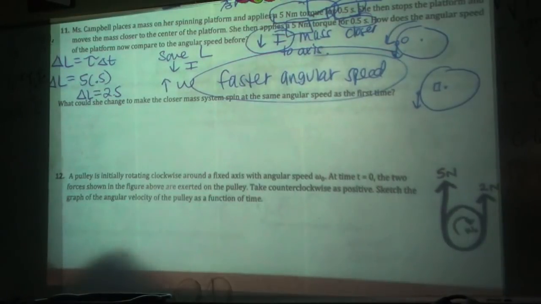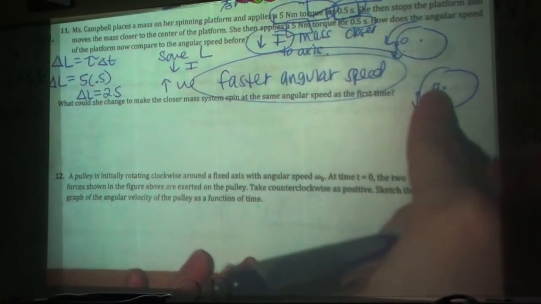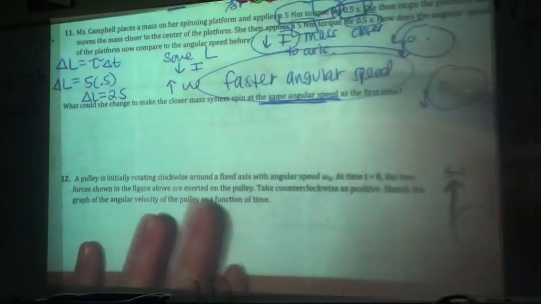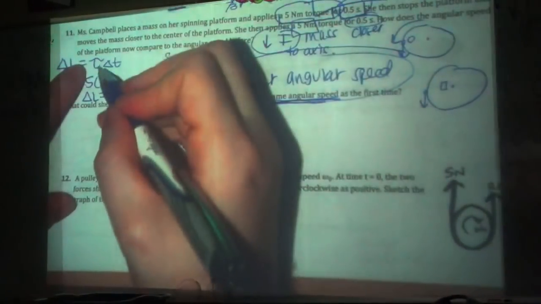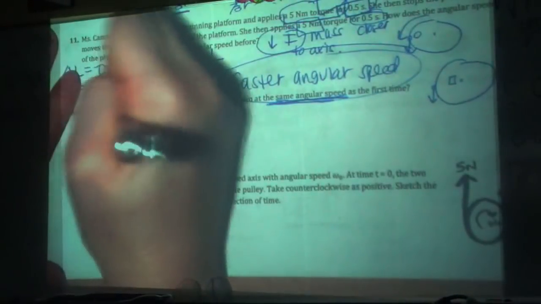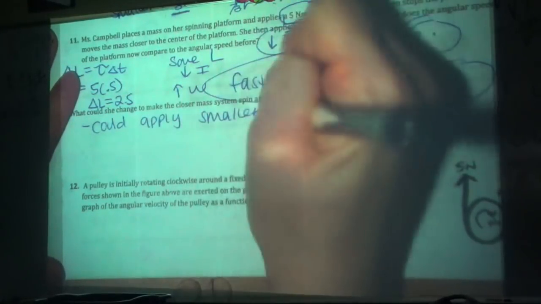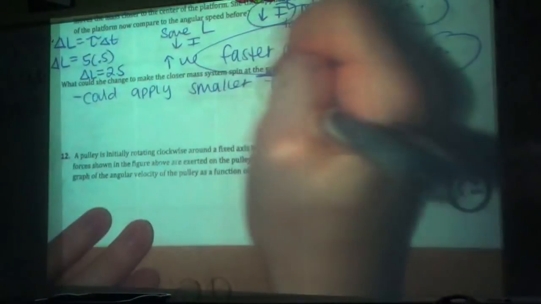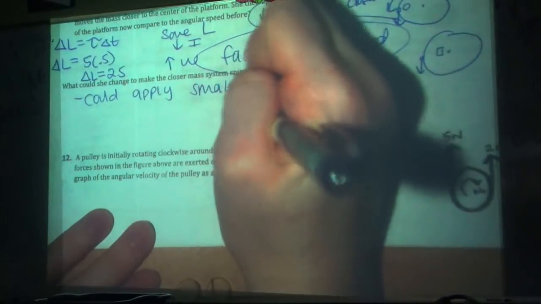What could she change in order to make this closer mass system spin at the same angular speed as before? So what we could do is, instead of applying the 5 Newton torque, you could apply a smaller torque. And there are 2 ways you can apply the smaller torque. You can either have a smaller force, right?